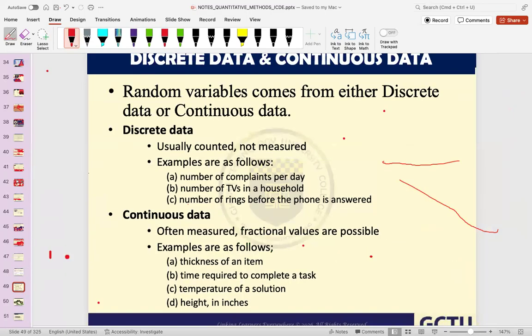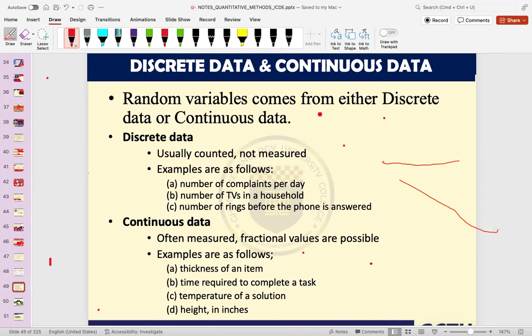I want to break down the data for you, and then we can see whether we can do some calculation before we end the lecture today. Now, the random experiment produces two kinds of data.